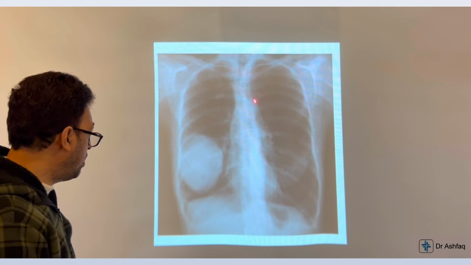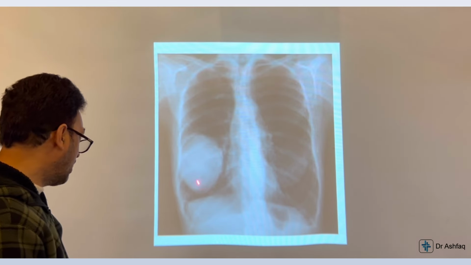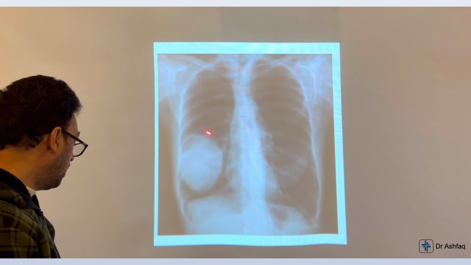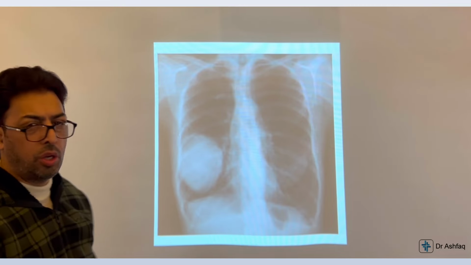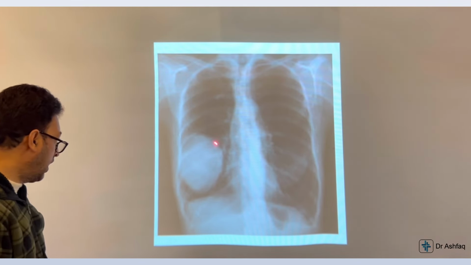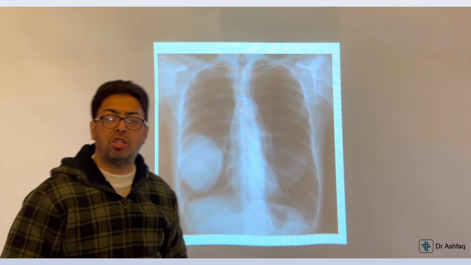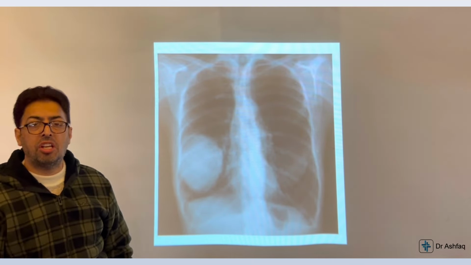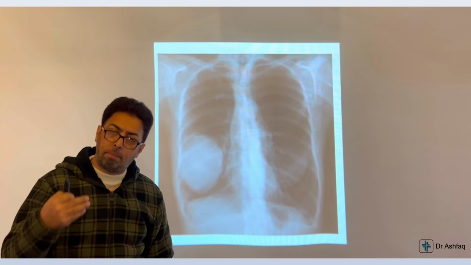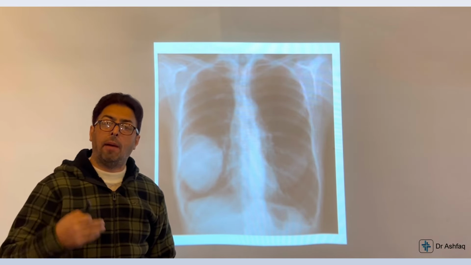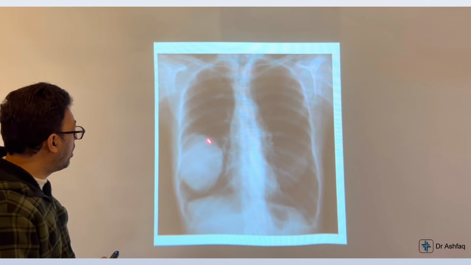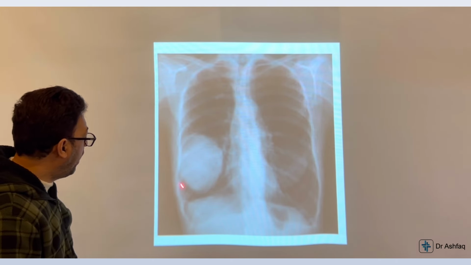You can see this is the left lung and this is the right lung, and in the right lung, in the middle and lower zone, we have this shadow. This is a well demarcated shadow, and this is how a mass lesion, say a lung cancer, would present. Not pathologically what type, but this is how you recognize a shadow which can be a lung cancer.